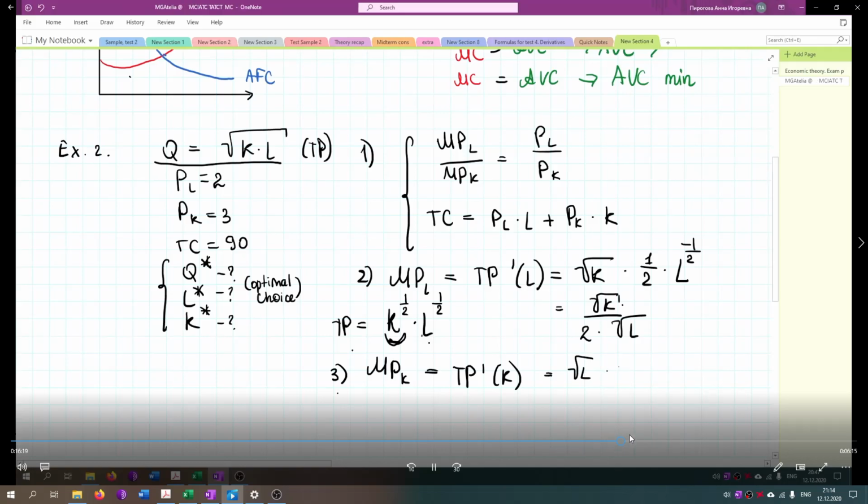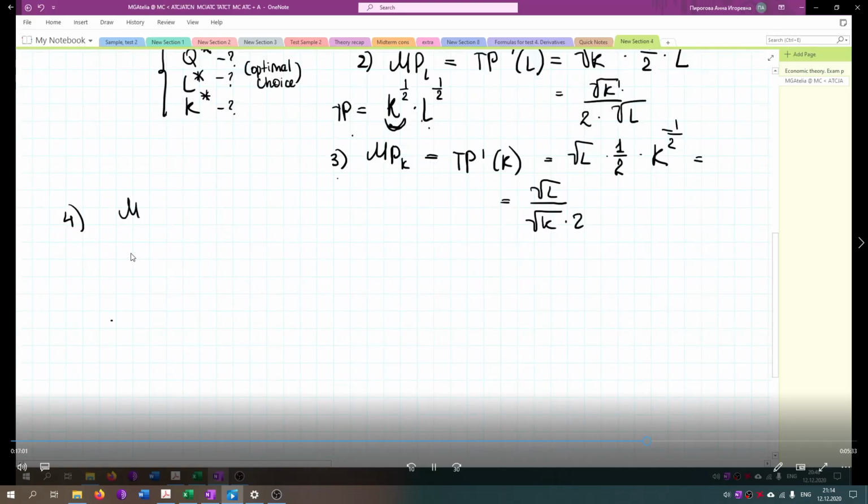Then we need to take the power of K, it is 1/2, and K will be to the power of minus 1/2. So nice. Again, it is rewriting it in a more convenient form.